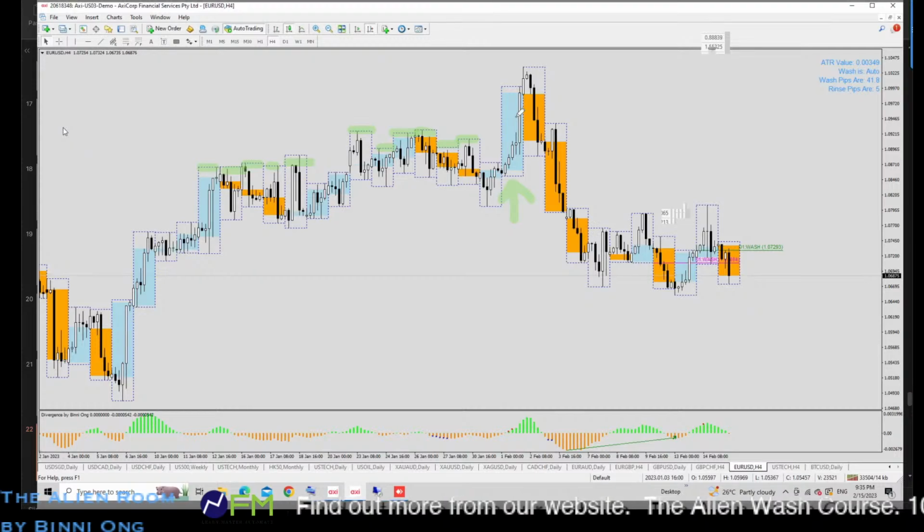Now why is this important? It's the same story as chopsticks. When you have one chopstick, it's easy to bend, isn't it? When you have 10 chopsticks, it's not that easy to bend.